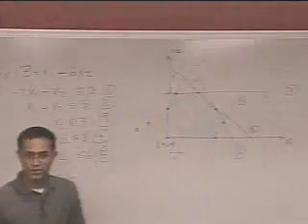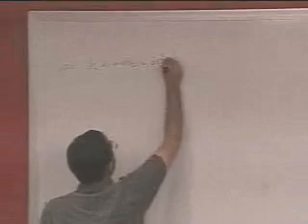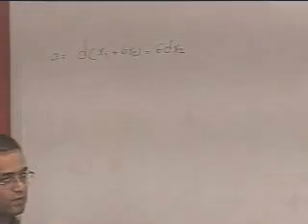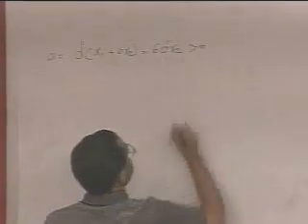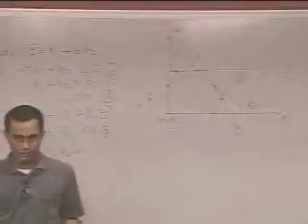But x2 would start increasing. So if this is the objective function, the rate of change would be 6 times the rate of change of x2. This is just normal differential, nothing really fancy. And is my x2 increasing or decreasing? My x2 is increasing, so this would be a positive value. So this would be greater than 0. So this would tell me that if I start moving in this direction, I'm improving my objective function. Okay, so I'm going in a good direction, not a bad direction, basically.